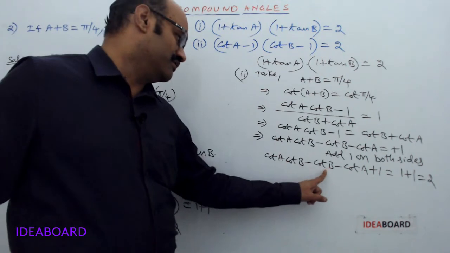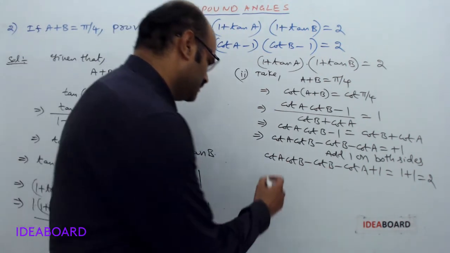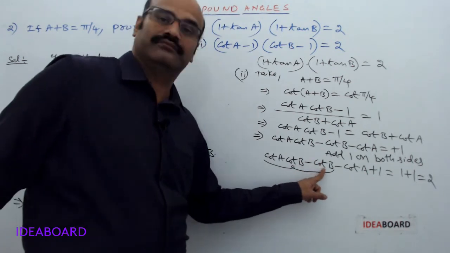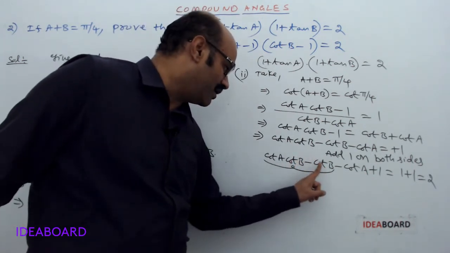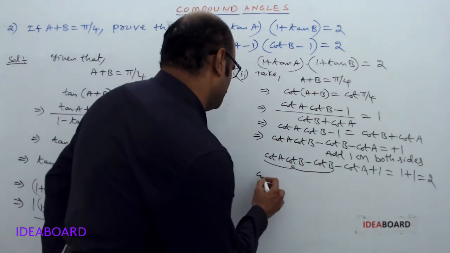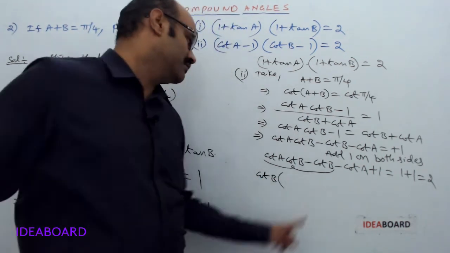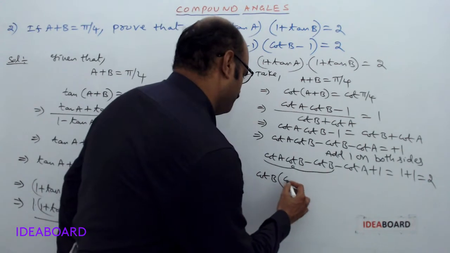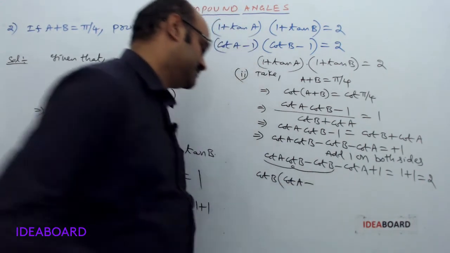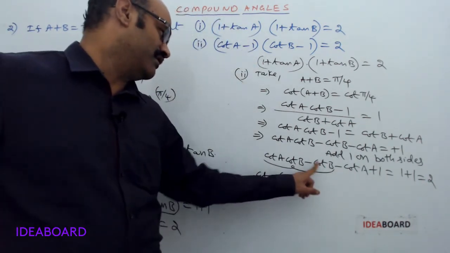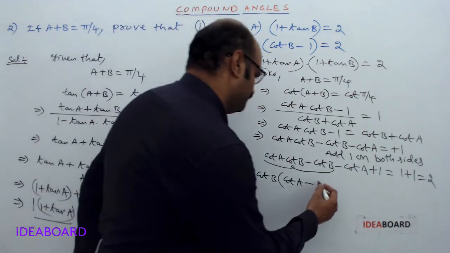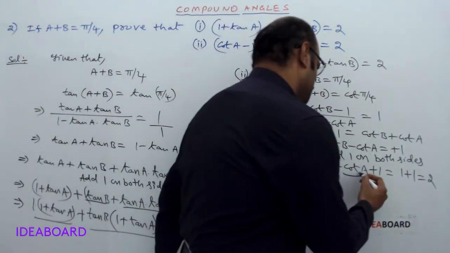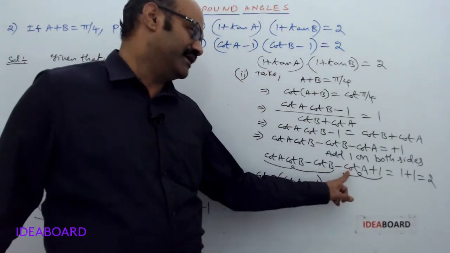Now from these two terms we have common cot b. So take cot b common here. If you take cot b common, here we have cot a minus, here when you take cot b common we have 1. Then from these two terms you take minus 1 common.